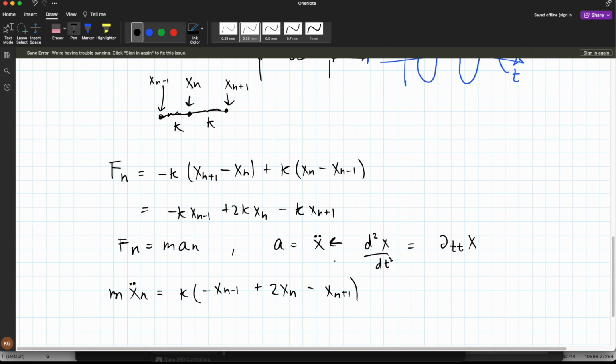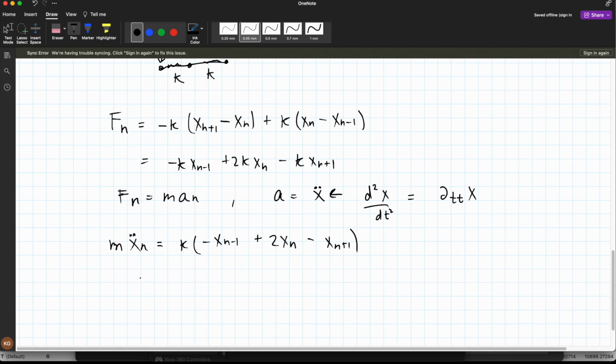Great. And then let's just move the m over, so we have k over m. Great, so we got this little equation. And what we can do now is say, what if we make the distance between these springs really small?